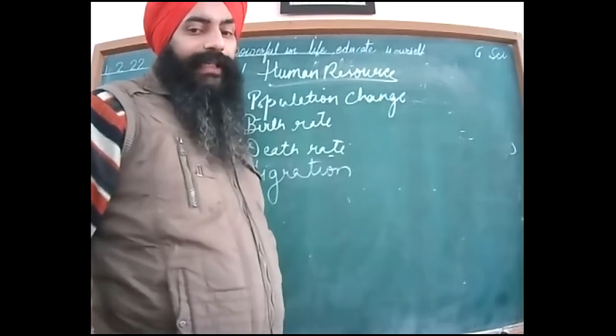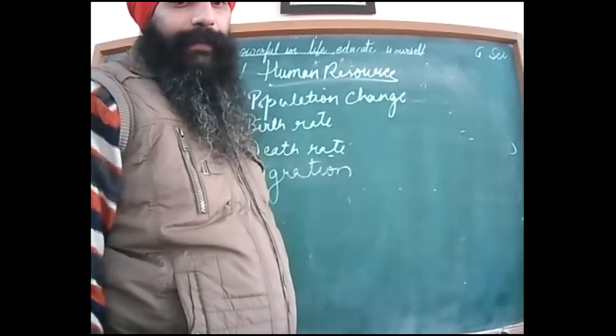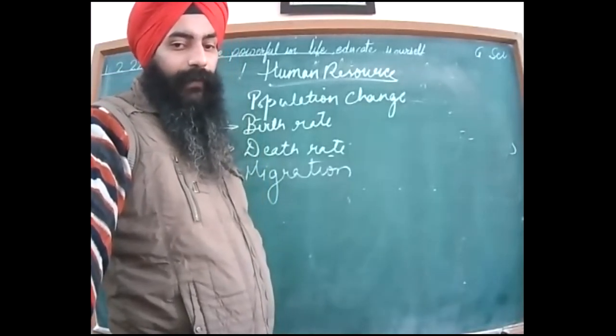IMR, infant mortality rate, refers to children who die before the age of 1 year.